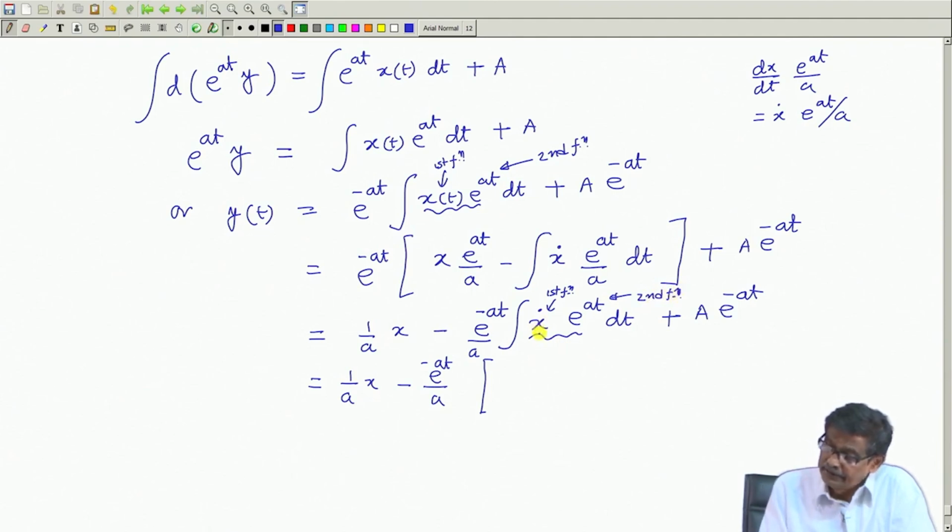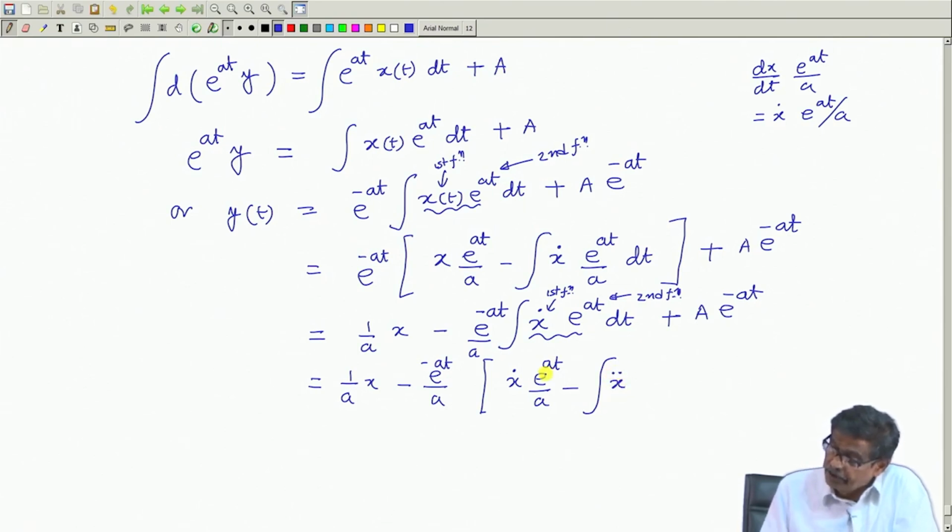So, the first function, that is x dot, into the integration of the second, e to the power a t by a, minus the integration of the differentiation of the first function, that is d 2 x dt 2, which I will write as x double dot, into the integration of the second, that is e to the power a t by a, into dt.